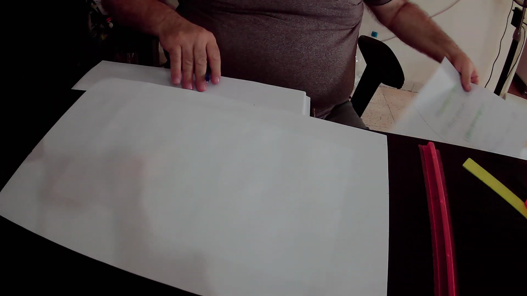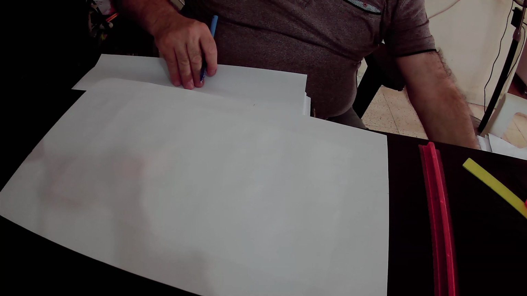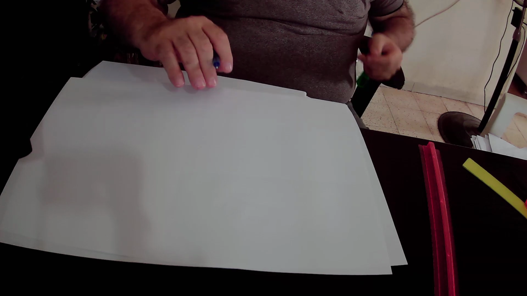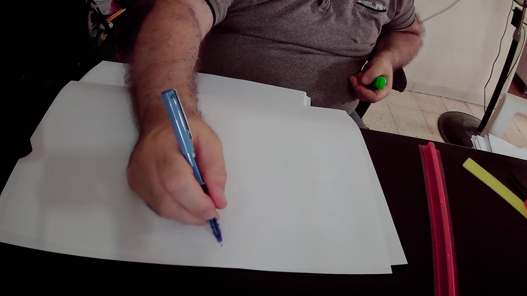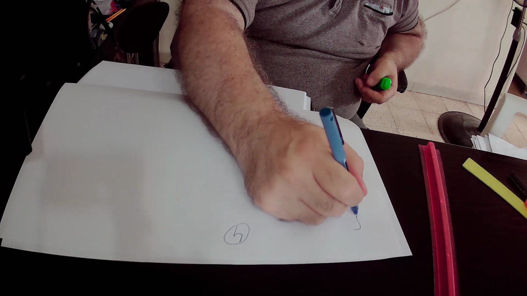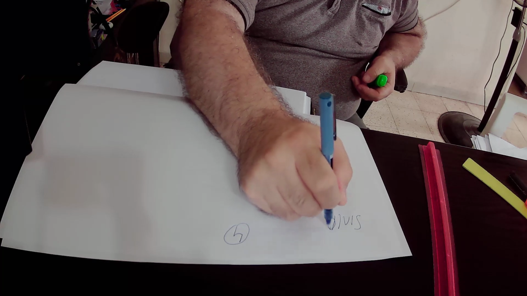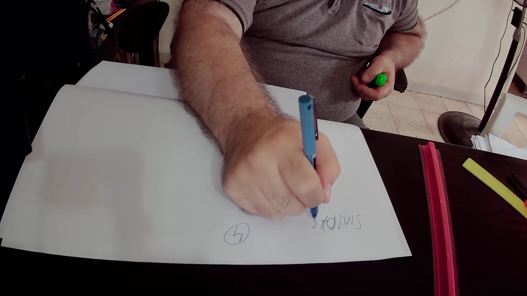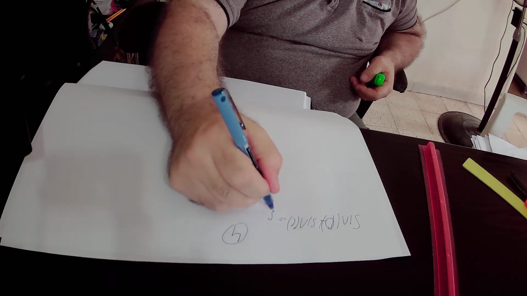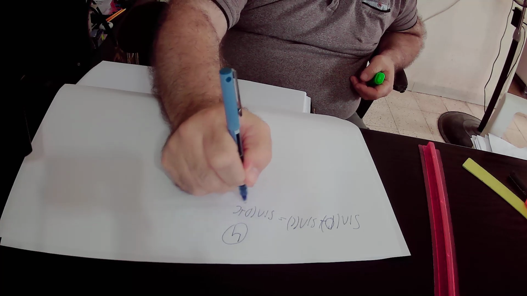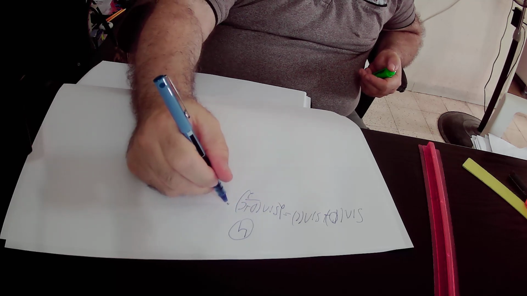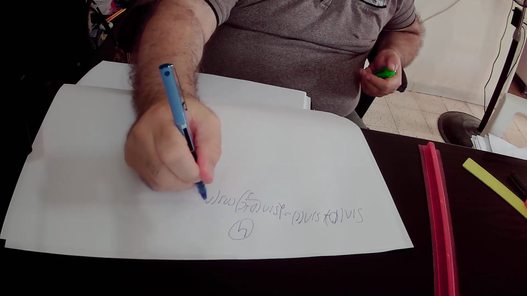So we have another trigonometric identity that we will use for the value of sine 80 degrees plus sine 60 degrees. According to this trigonometric identity, sine D plus sine C is equal to 2 times sine (D plus C) over 2 times cosine (D minus C) over 2.